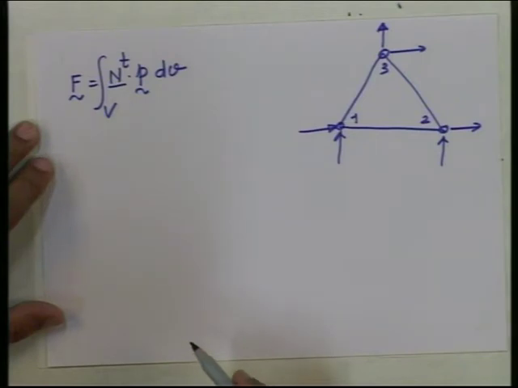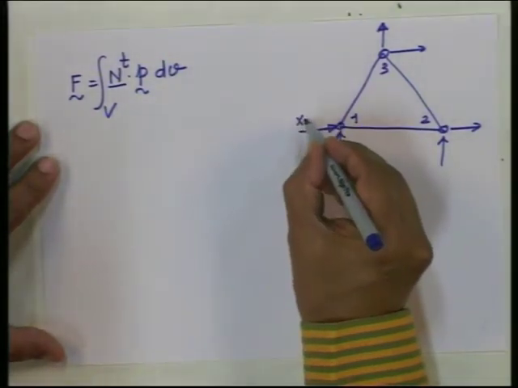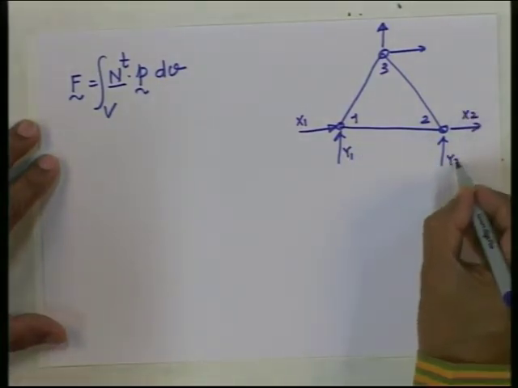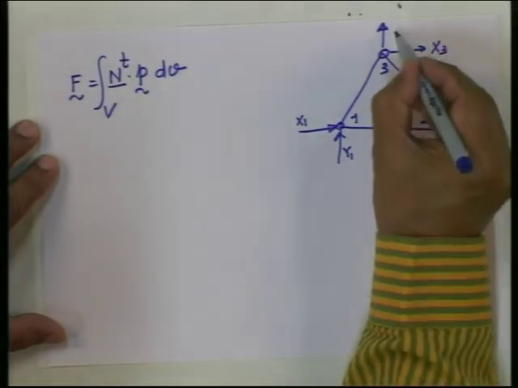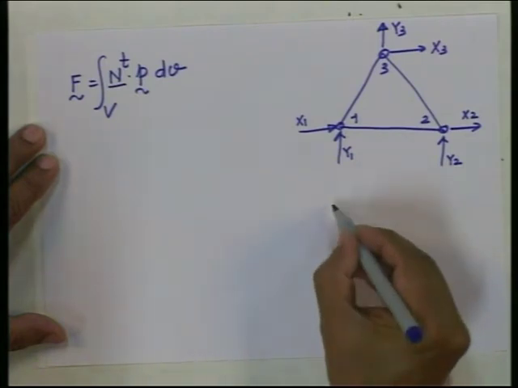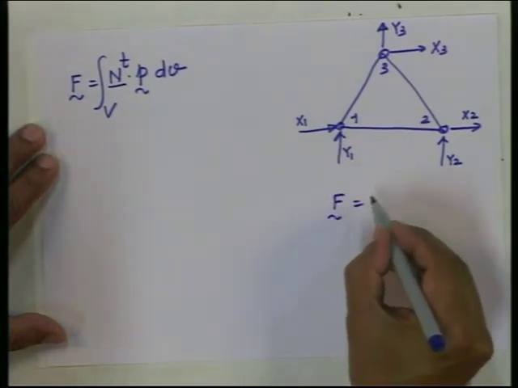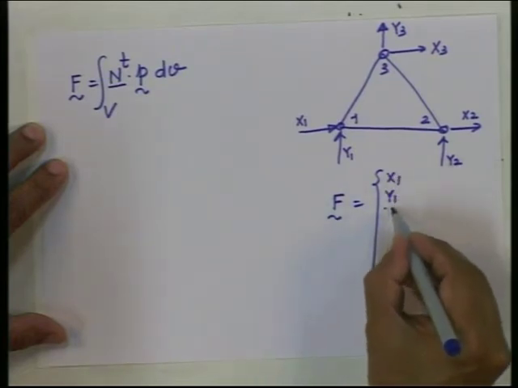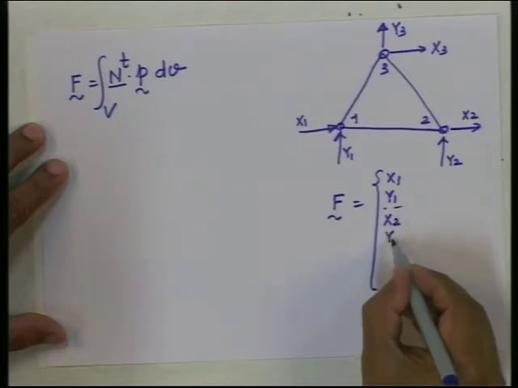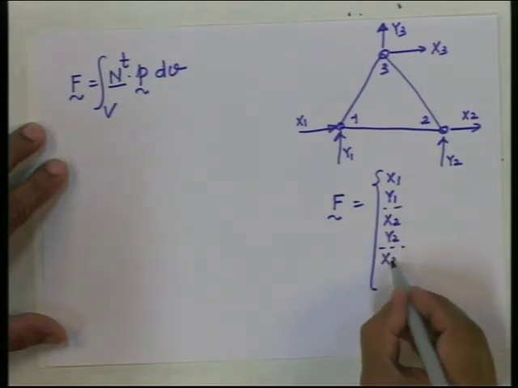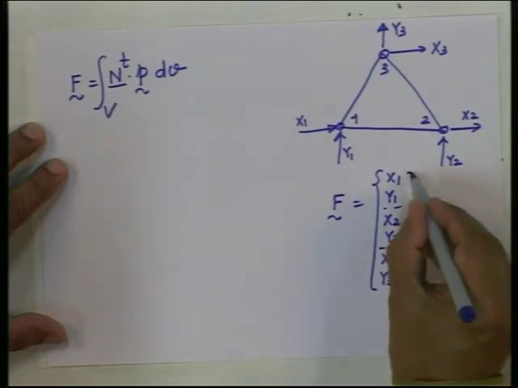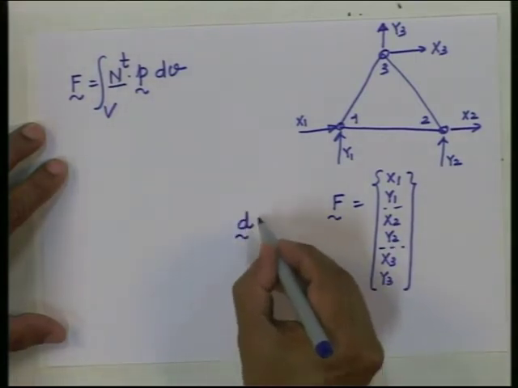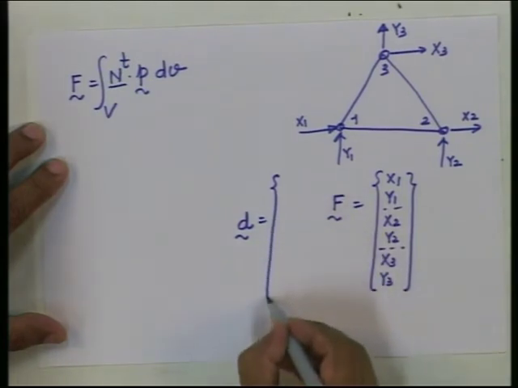How should we number this? I can number it x1, y1, x2, y2, x3, y3. So, my load vector F consists of 6 components, and my D vector also consists of 6.